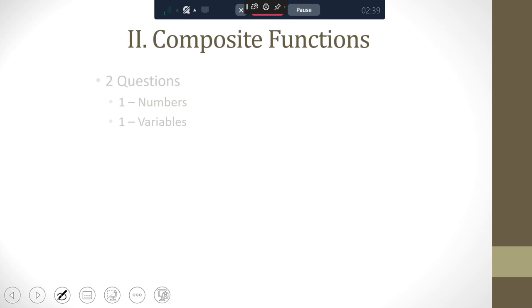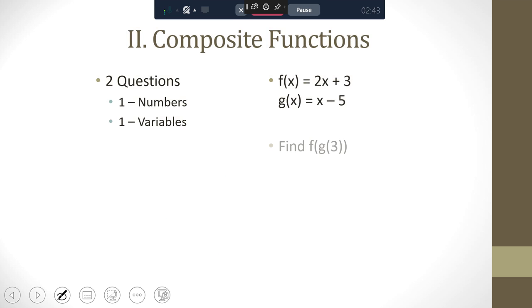Composite functions. We're going to do one with numbers and one with variables. This is where you're substituting in multiple times. So for this first one, we are going to be substituting in 3 into the G problem. So I'm going to look at my G problem here, and I'm going to substitute 3 into it.